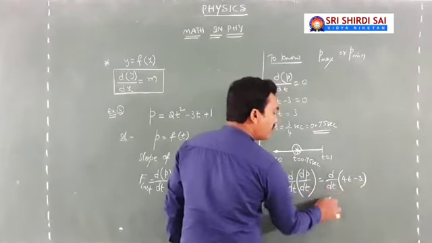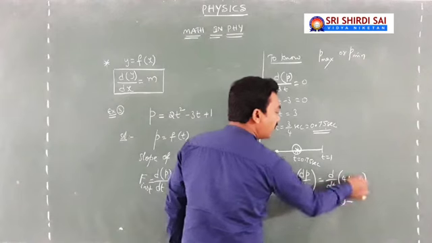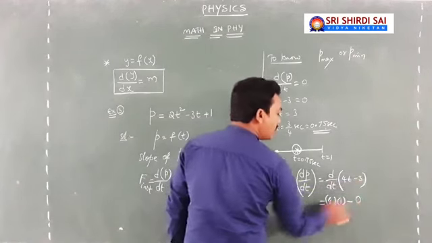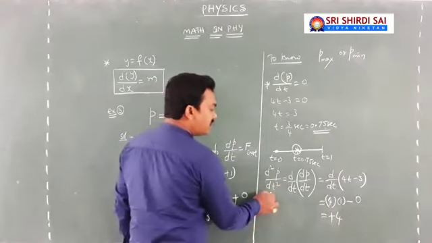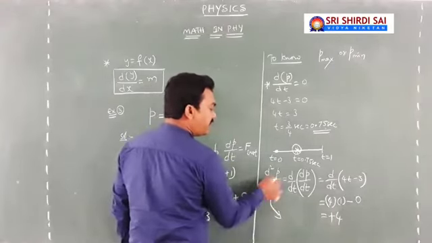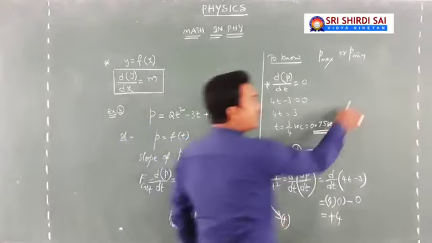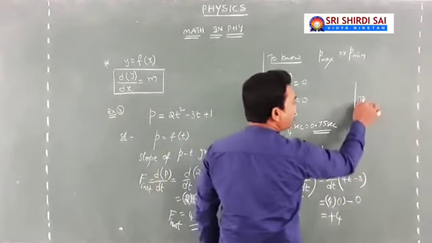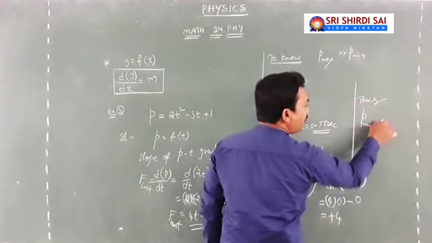So here 4 into the derivative of t with respect to t, 1, minus the derivative of 3, equal to 0, then your answer is 4, which is positive. Means your d square p by dt square is a positive answer. I told you, when d square y by dx square is positive, then that is a minimum.